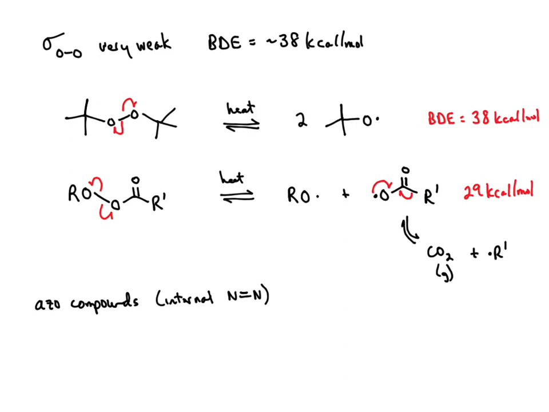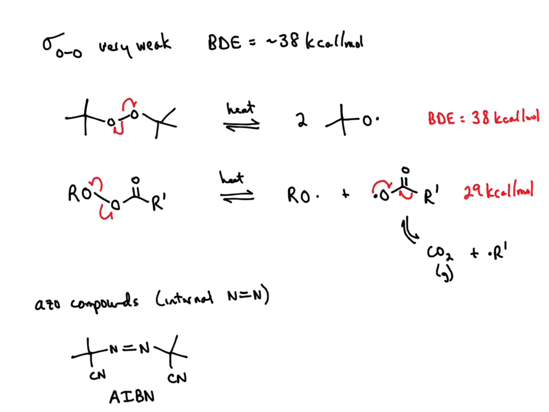And so we can actually harness this for the generation of radicals. And so there's a compound known as AIBN, and I'll draw out the structure of AIBN here. All right, so this is AIBN.